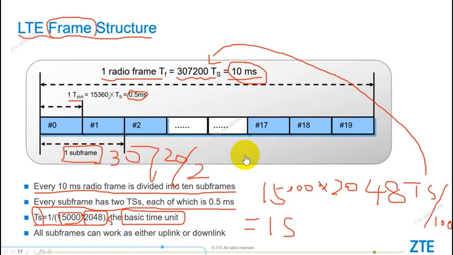So from here we know the relation between TS and seconds. We can use milliseconds to represent our frame, subframe, and time slot, and we can also use TS to represent them. Okay, so this is the LTE frame structure.